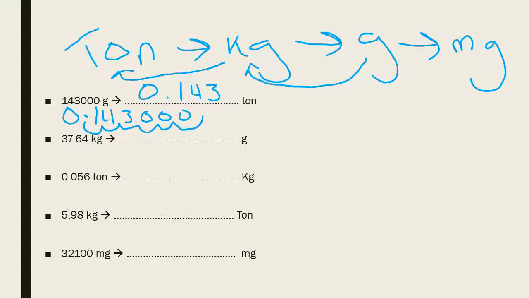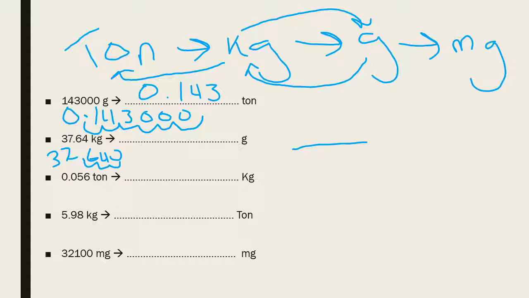37.64 kilogram into grams. How do you go from kilograms into grams? You times by 1,000. So I'm going to write the answer here, okay? Because I don't have space. 37.64. We have to times by 1,000 to go from kilograms to grams. 1, 2, 3.